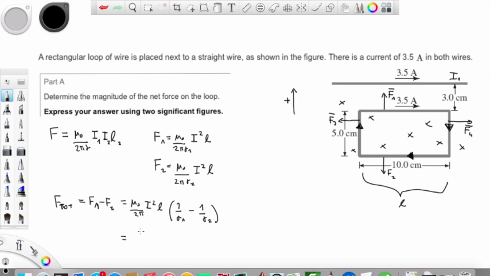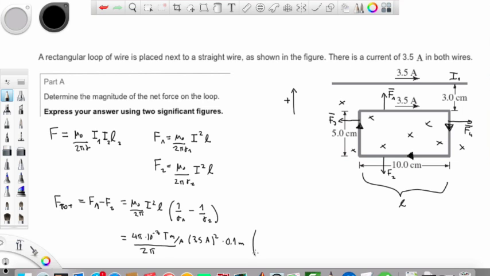And plugging in the numbers, μ0 is 4 pi times 10 to the minus 7 tesla meters per ampere divided by 2 pi, and the current is 3.5 amps squared, and the length here is 0.1 meter.